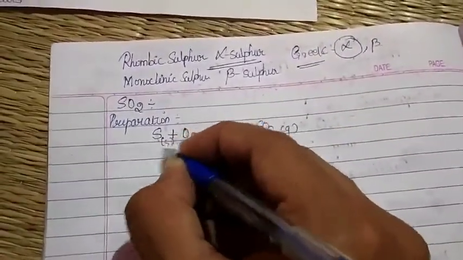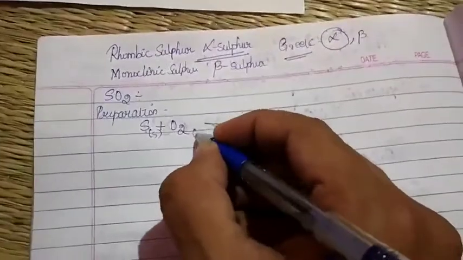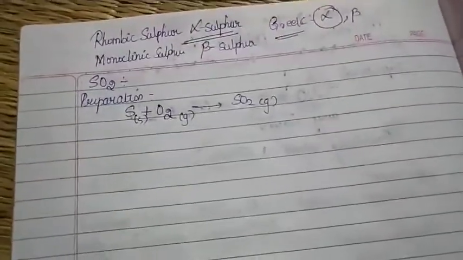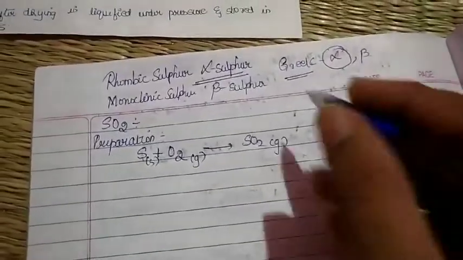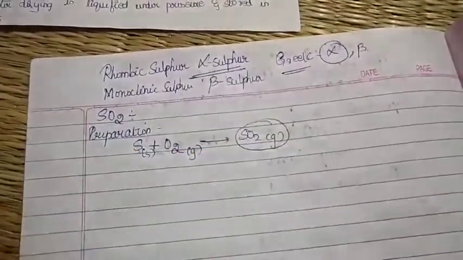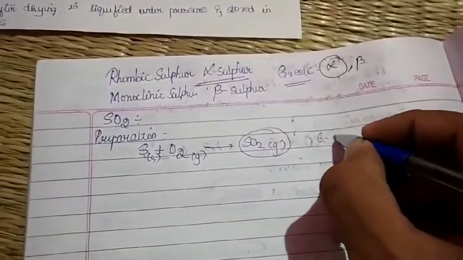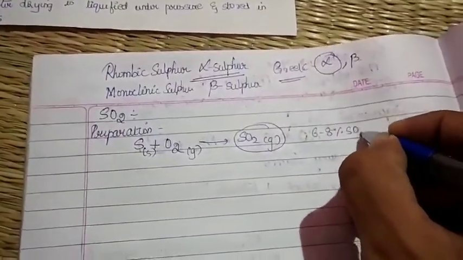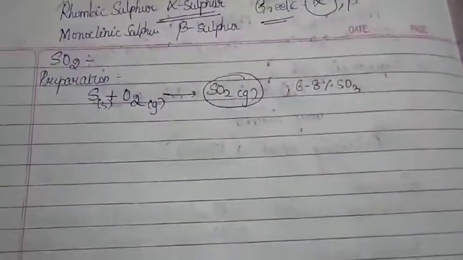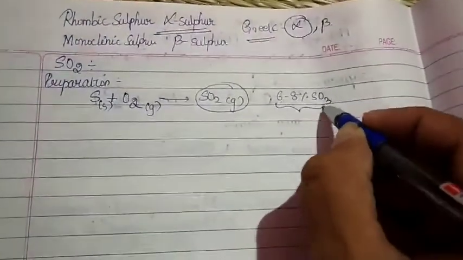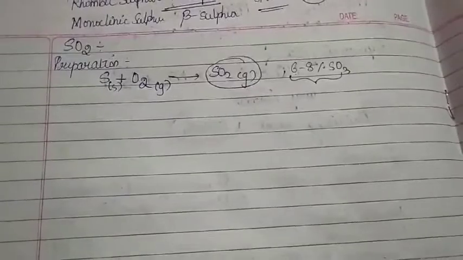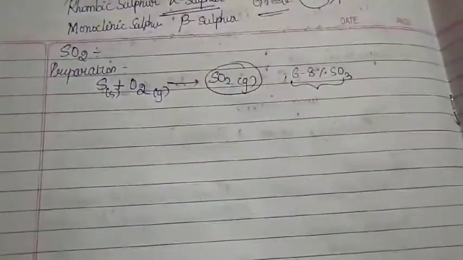Here the sulfur is in the solid state, whereas O2 is in the gaseous state. But one of the main disadvantages in this process is that along with the SO2, you will also obtain nearly 6 to 8% of sulfur trioxide. Of course, it is not much, but there is an additional product we obtain. So that is the main disadvantage of this process.